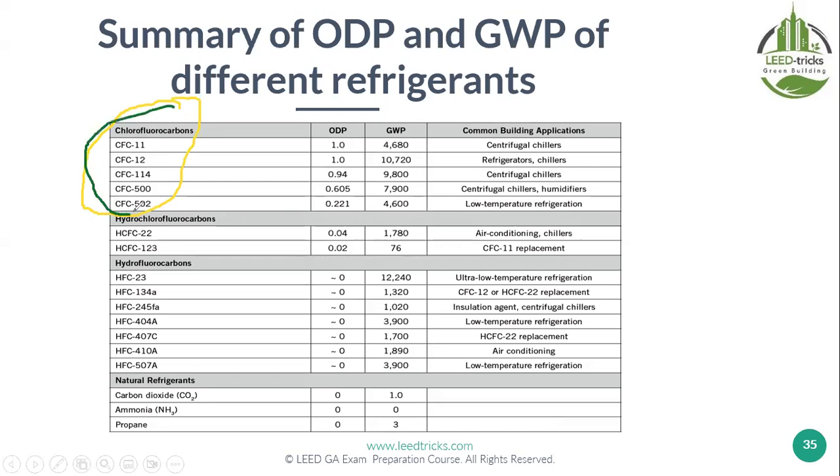So this one is CFC 11, CFC 12, 114, 500, 502. As you notice, the ODP is high, so this is a blocking issue. Even the GWP, you will find it sometimes less than others, but it's higher, by the way. So this is the answer. The worst refrigerant is CFC, regardless of the number here, all CFCs.